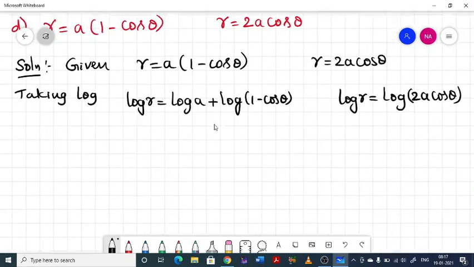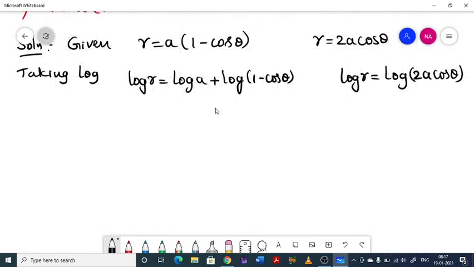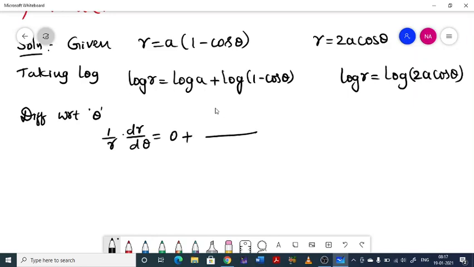Now differentiating with respect to theta, so this side I'll get 1 by R into dr by d theta equal to log A, 0, plus denominator 1 minus cos theta, numerator minus into derivative of cos theta, minus sin theta, minus get cancel, you get sin theta.